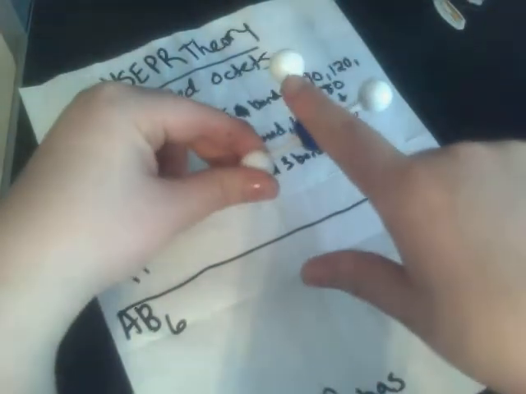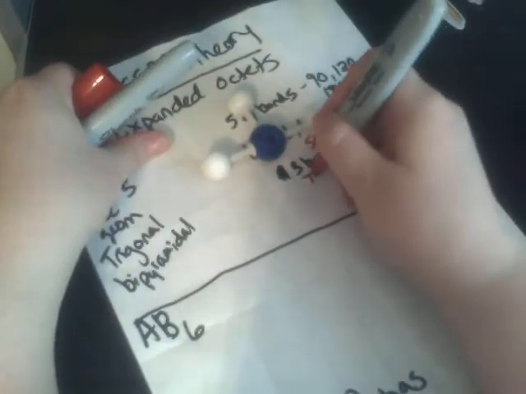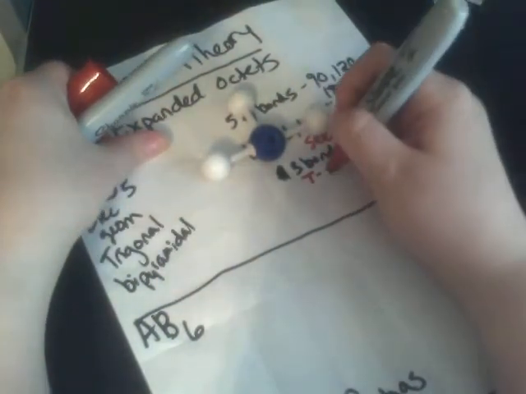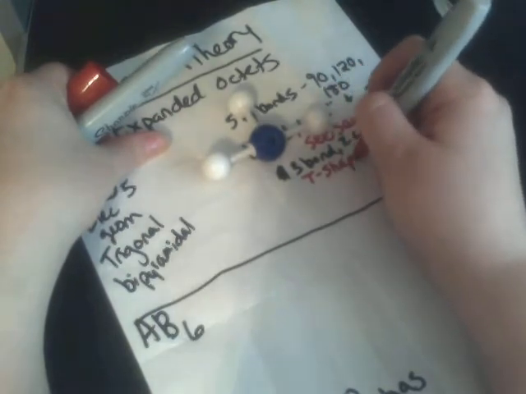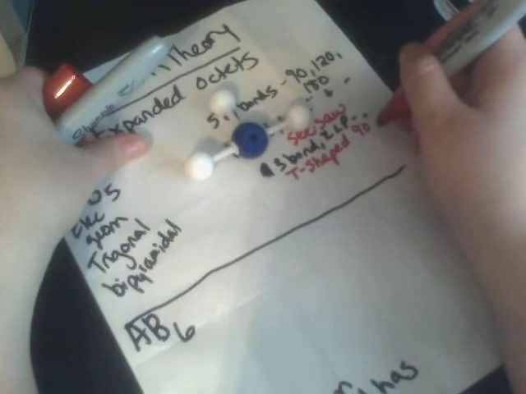I just have 90 and 180. So for 3 bonds and 2 lone pairs, it's called T-shaped. And we just have 90 degrees and 180 for this one.